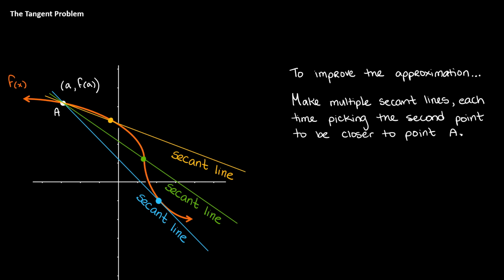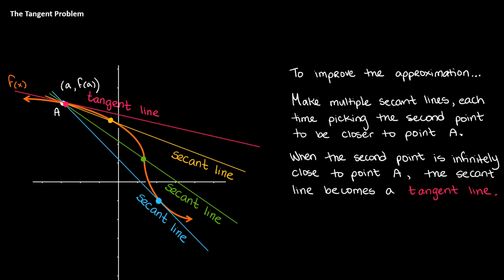The blue secant line involves a point that is the farthest away from A compared to the other points. The green secant line has a point that's a little bit closer to A. The yellow secant line is even closer to A. And if you imagine repeating this process until you get very, very close to A, that is where you come up with a tangent line.